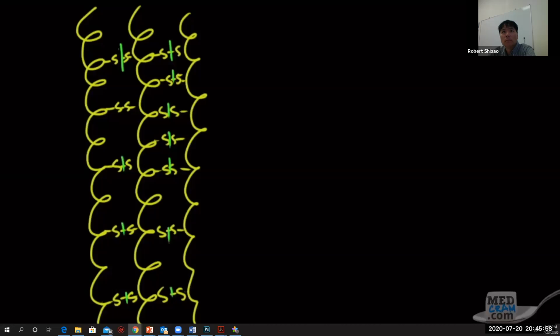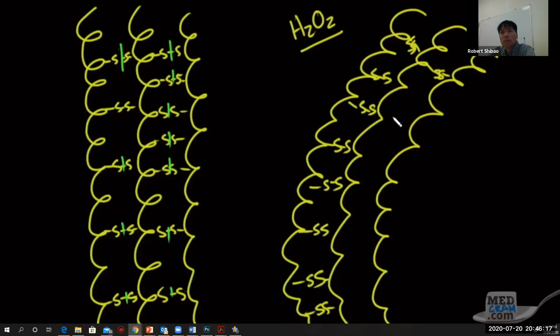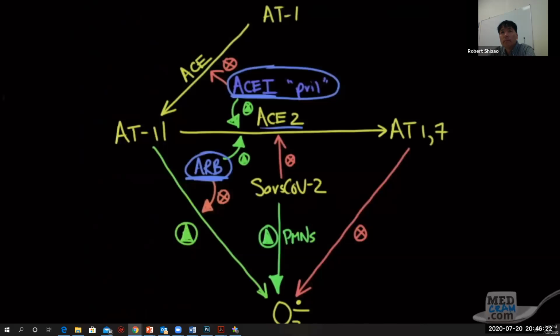And then you bend the hair, so it's like this. And then you neutralize the perm agent by putting hydrogen peroxide on it. And what happens is the new disulfide bonds will form, keeping the hair with its curl. Better living through chemistry.